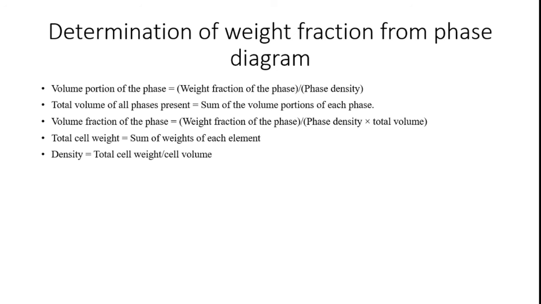Total cell weight we can calculate as the sum of weights of each element in the alloy solution. Then density we can calculate from the total cell weight divided by the cell volume. Here, total cell weight we can calculate with the atomic weight of each element, divided by Avogadro's number, with the lattice parameters.